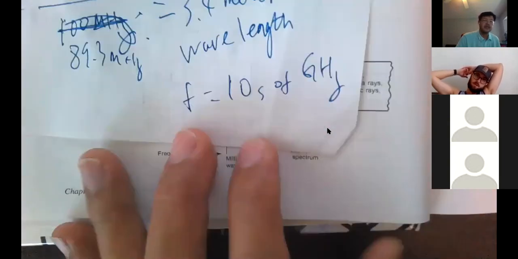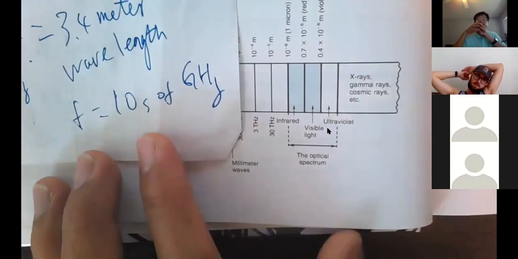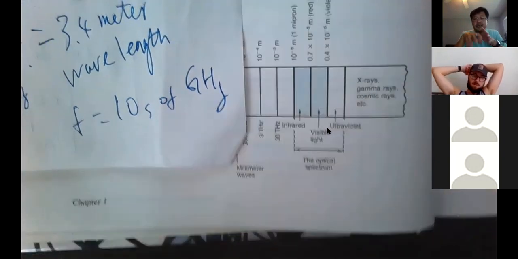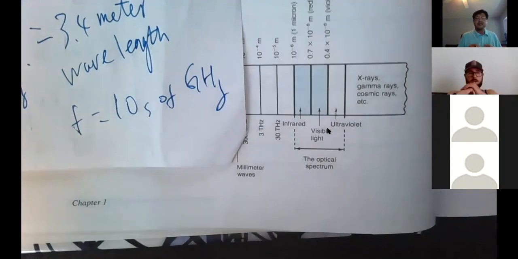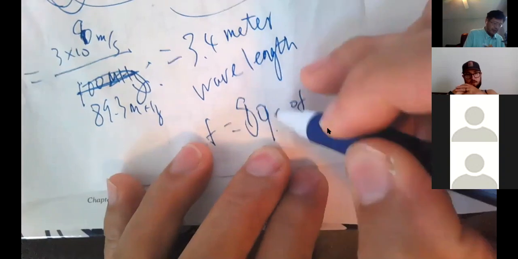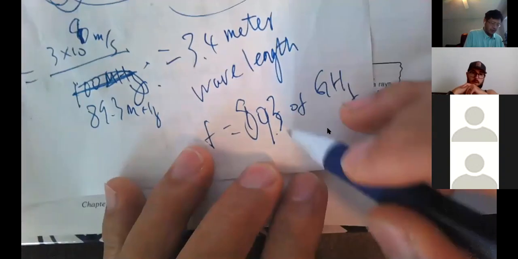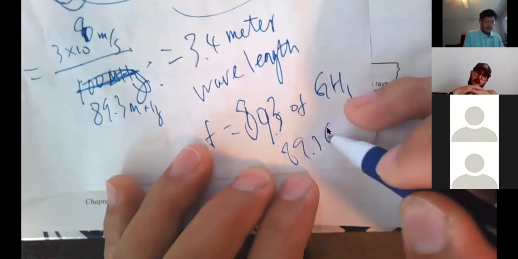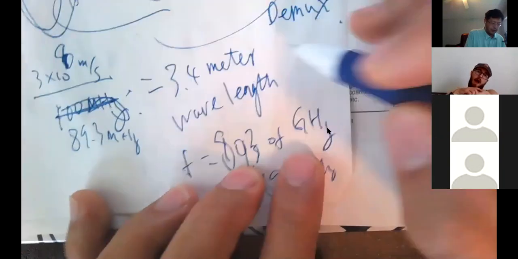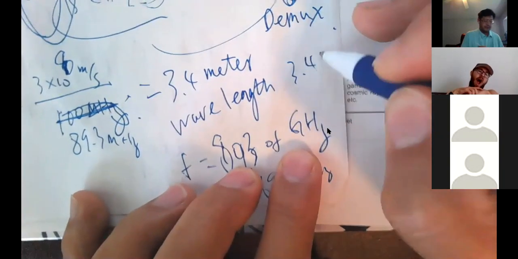So the frequency is much higher. It's not megahertz. It's not 89. Now it's like 89.3 gigahertz, and then you're talking about 3.4 millimeters.